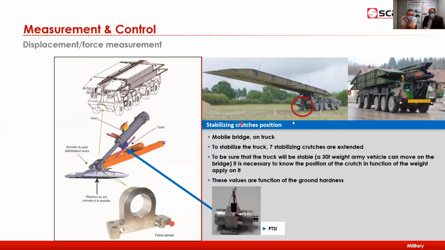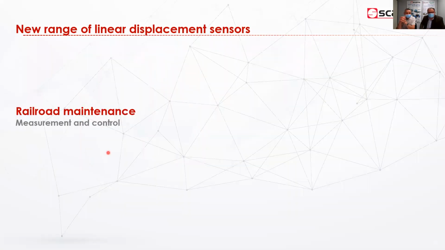One goes down, touches the ground, and the jack moves, pushes. We sell in this application force sensors and displacement sensors. In function of the force and the displacement, the operator can know if the hardness of the ground is correct or not. If it's correct, no problem. If it's not correct, you have to move to another place. Okay, interesting.